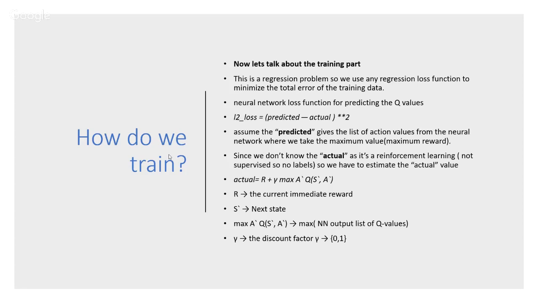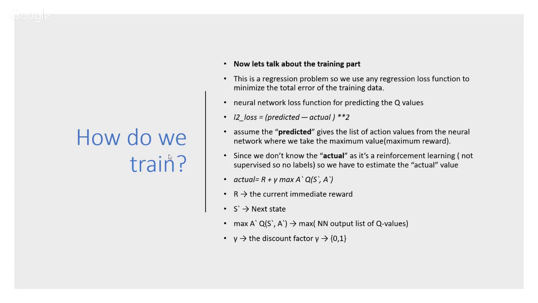Just assume that predicted gives the list of action values from a neural network, where we take the maximum value, the maximum reward. Since it's reinforcement learning, not supervised, we don't have labels, so we have to estimate the actual value. So actual is R plus gamma times the max over the next action at the next state-action.